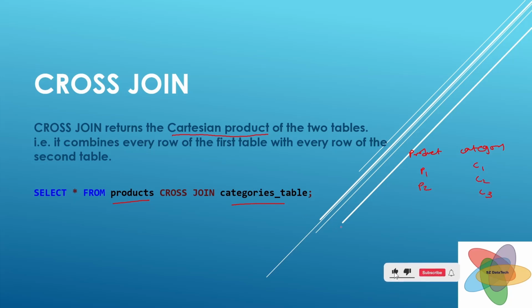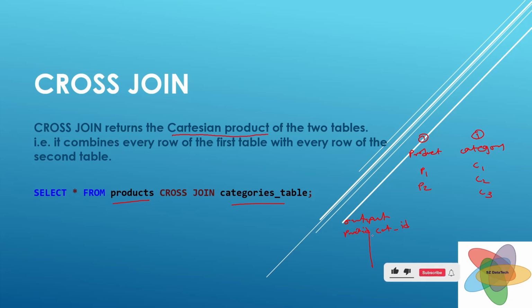Now, when we say our output, since here we have one column and here we have one column, definitely we will get two columns in the output: product ID and category ID.